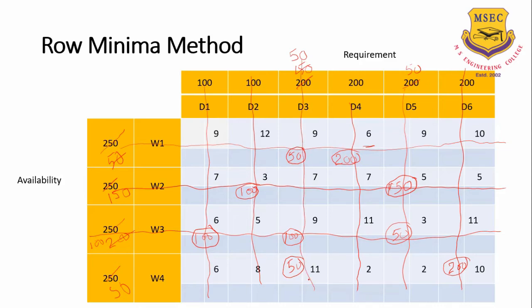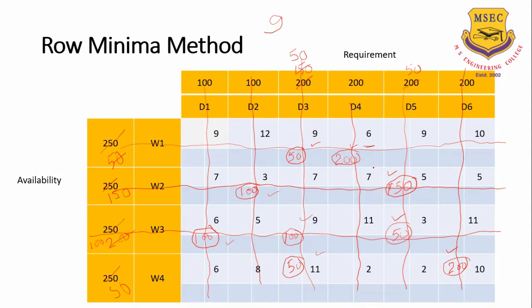Suppose I start counting the number of cells which have been allotted. So I got 1, 2, 3, 4, 5, 6, 7, 8 and 9. That means to say 9 cells have been allotted. So I look at the number of rows plus number of columns minus 1, that is n plus m minus 1.